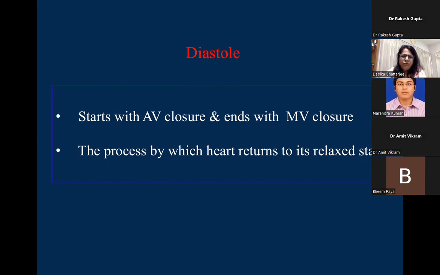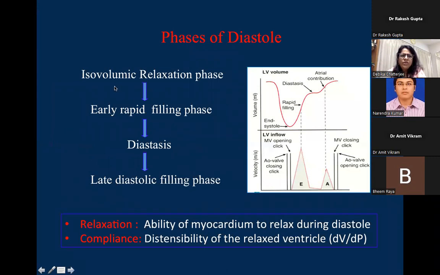And if we look at the phases of diastole, it starts with the isovolumic relaxation phase. So the aortic valve closes and the LV myocardium undergoes relaxation. And it is because of the elastic recoil and also the removal of calcium ion from the sarcomeres.